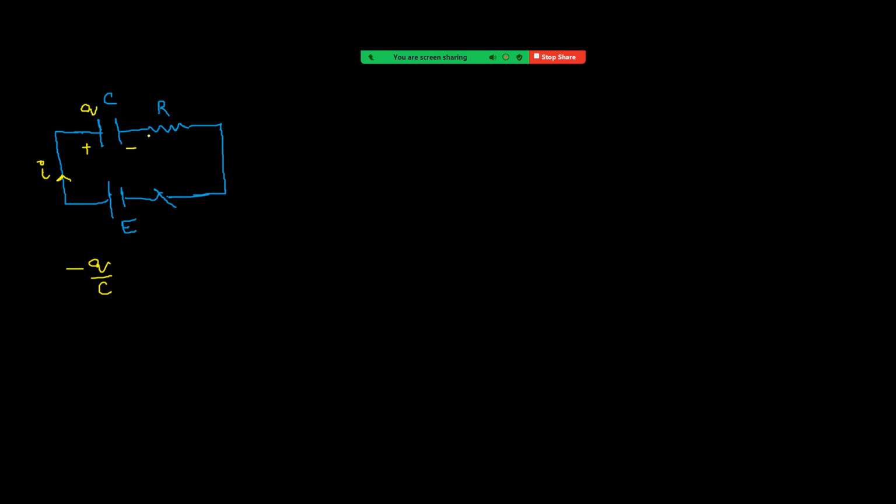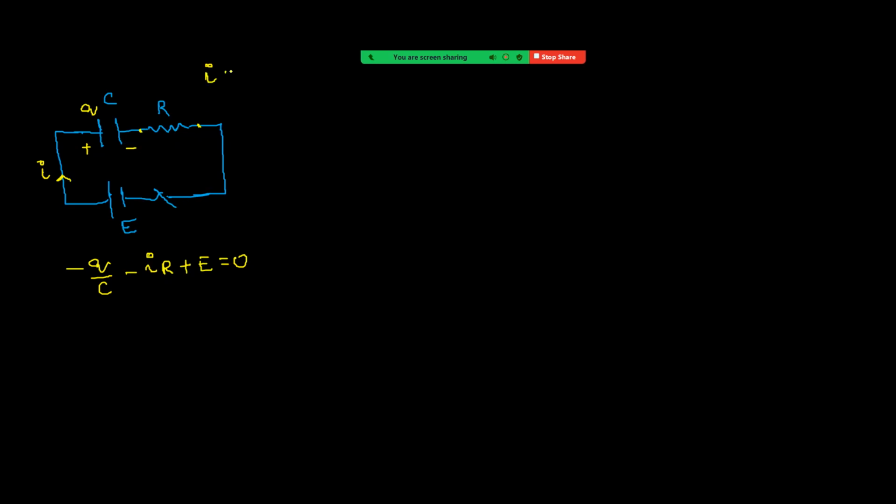Next, across the resistor, we are moving along the current flow, and current flows from high potential to low potential, right? So it is minus IR. Next, here we are moving from low potential to high potential. So plus E equal to 0, right?